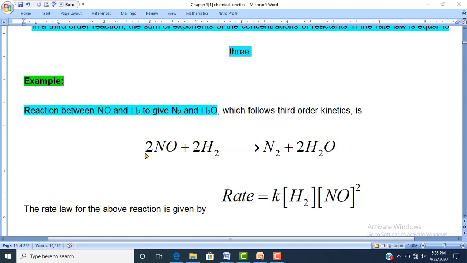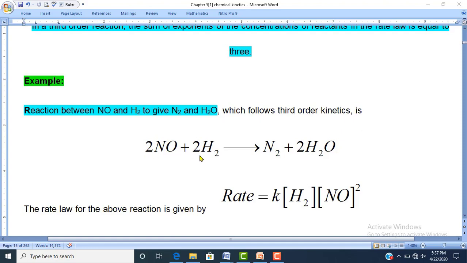Apparently, it looks that the order of reaction should be equal to 4, 2 plus 2 equal to 4. But when we experimentally find out the order of this reaction, we come to know that actually only 1 mole of hydrogen is involved during the collision with 2 moles of nitric oxide.